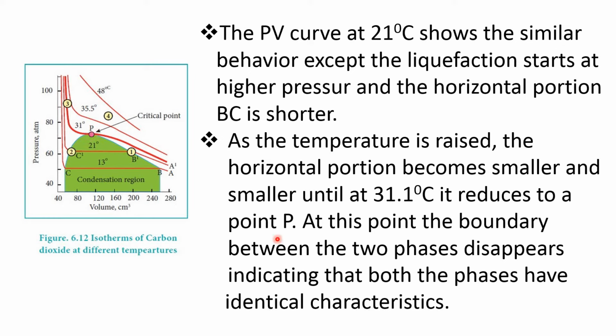At this point, the boundary between the two phases, the liquid phase and the gaseous phase, disappears, indicating that both phases have identical characteristics. So at this critical temperature for carbon dioxide, 31.1 degrees centigrade, the boundary between the two phases disappears.